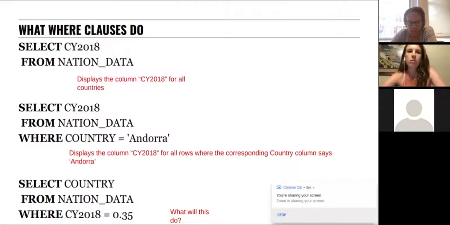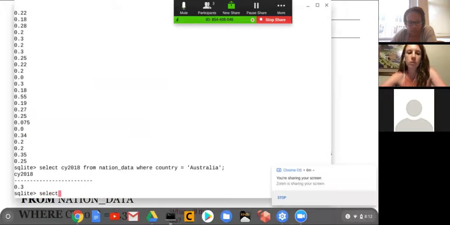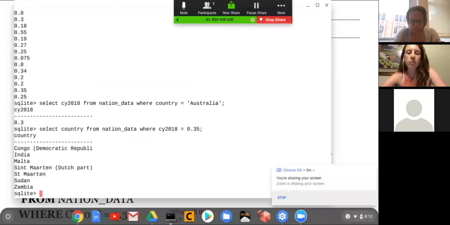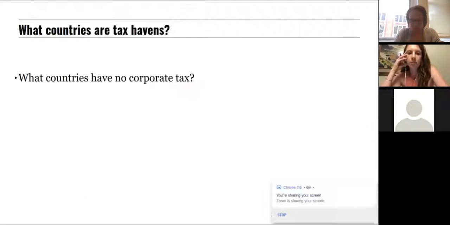So let's have a quick look at the answer to that question. Tell me all the countries from nation data where the 2018 tax rate was 35%. And there's the list of whatever it is, 7 countries there, where the tax rate is even higher than it is in Australia.